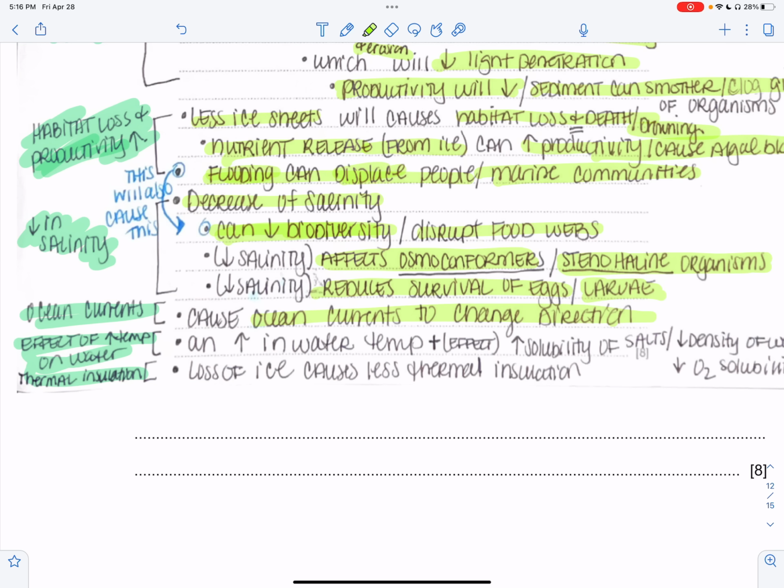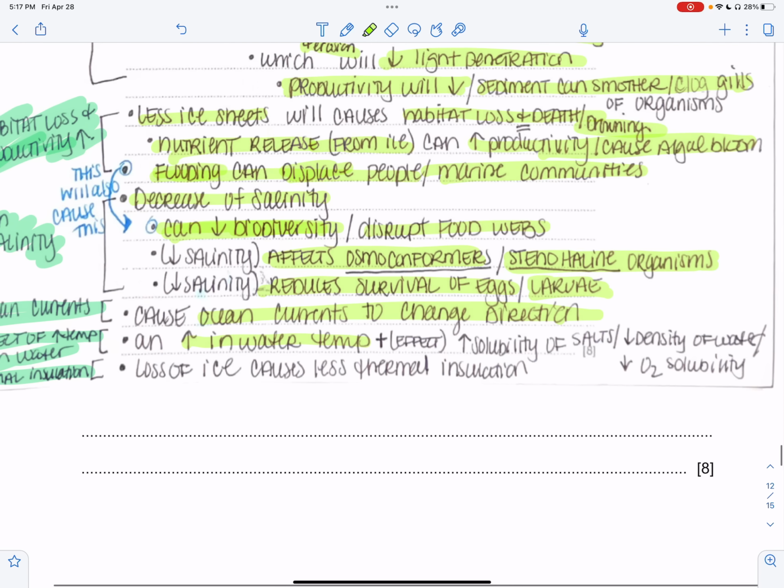All right, and an increase in temperature of the water. If we increase the temperature, you also have to state the effect. So you could say an increase in water temperature and then an appropriate, correct effect this would have. So for example, this would increase the solubility of salts.